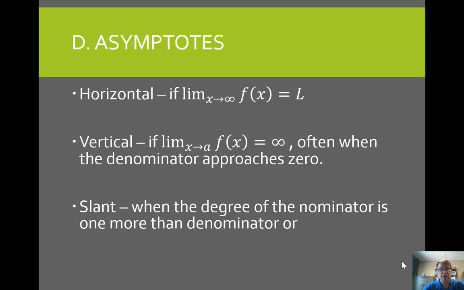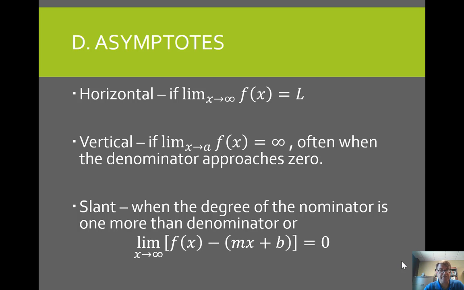So asymptotes: we have domain, intercepts, symmetry, asymptotes, slant asymptotes. In this particular section of Stewart, slant asymptotes are introduced. This would be like if a line is an asymptote that's not horizontal or vertical. It's a slant asymptote. One way to know this is if the degree of the numerator is 1 higher than the degree of the denominator, then you're going to have a slant asymptote.